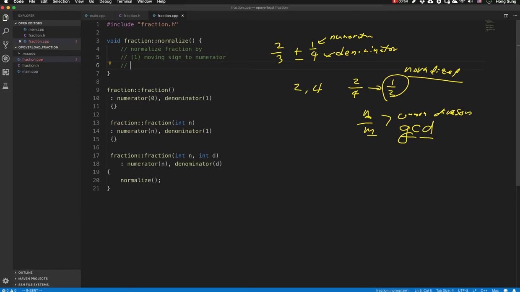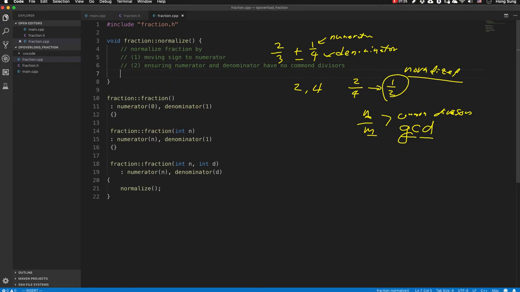And then the second step is ensuring the numerator and the denominator have no common divisors. So as we find the greatest common divisor, we can just divide and reduce the fraction accordingly. So normalize is done by those two steps.